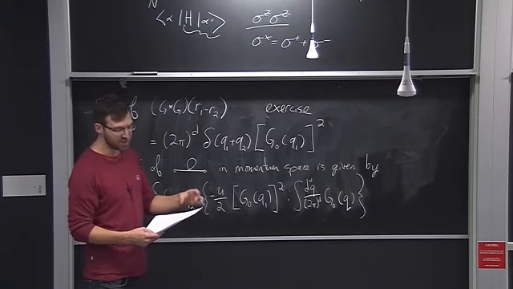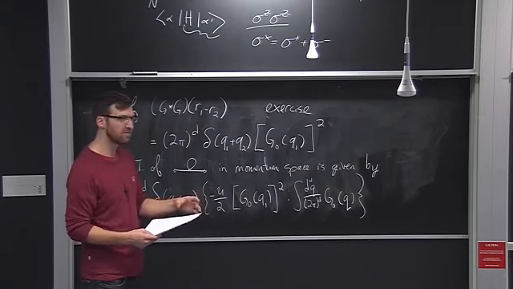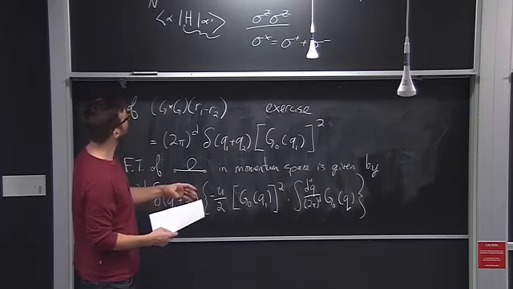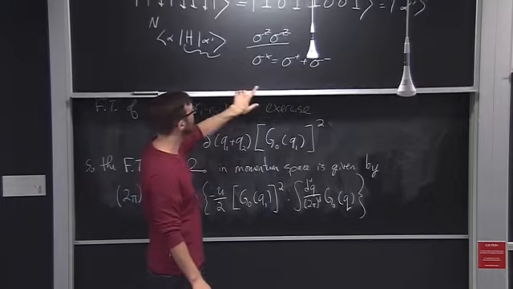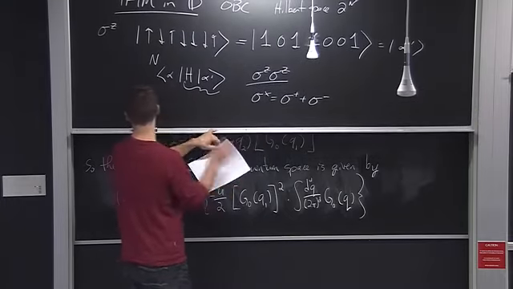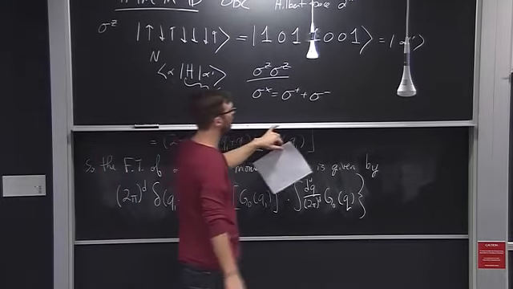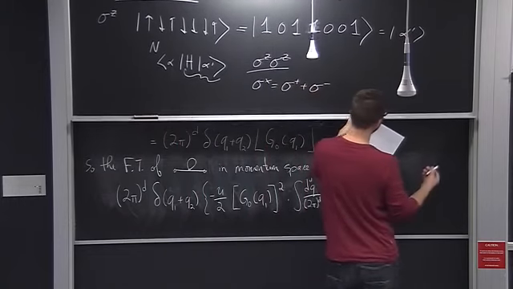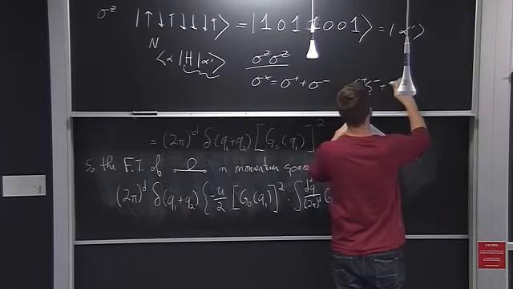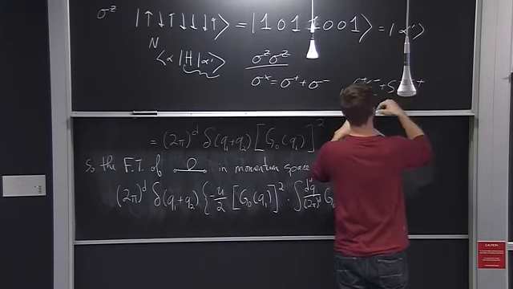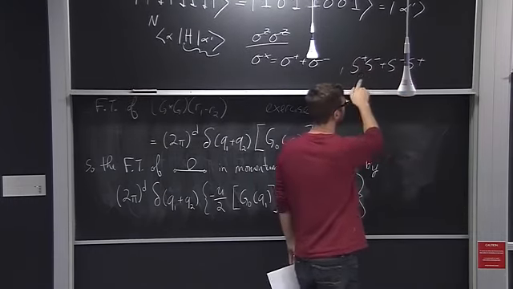Question 3, I've changed the symmetry of the Hamiltonian. So instead of being the transverse field Ising model, which has this term, it's the XXZ model, which has a term that's like S plus, S minus, plus S minus, S plus. That's the XY term.